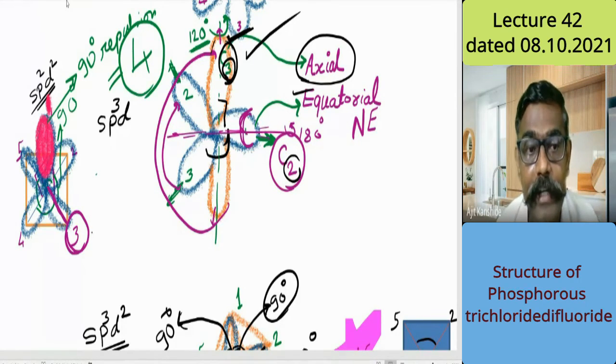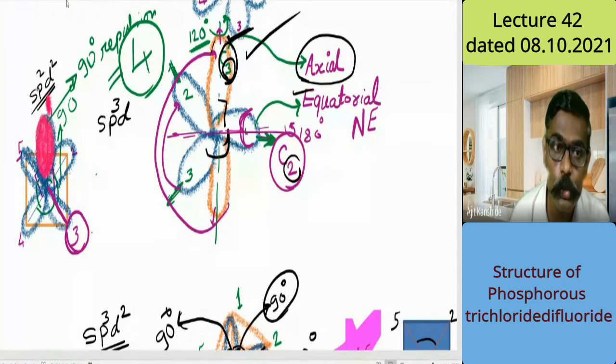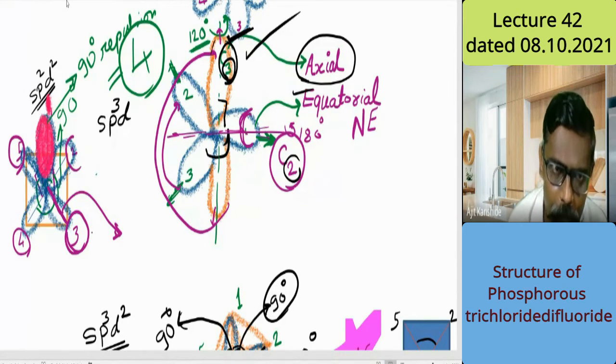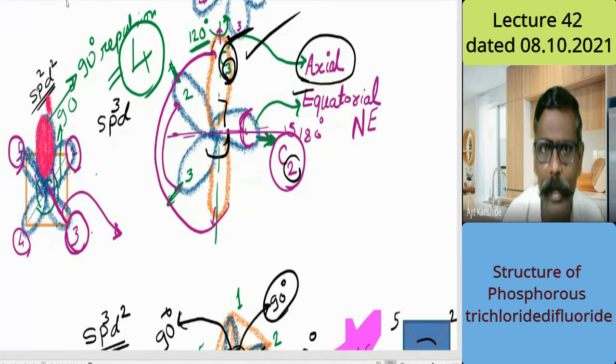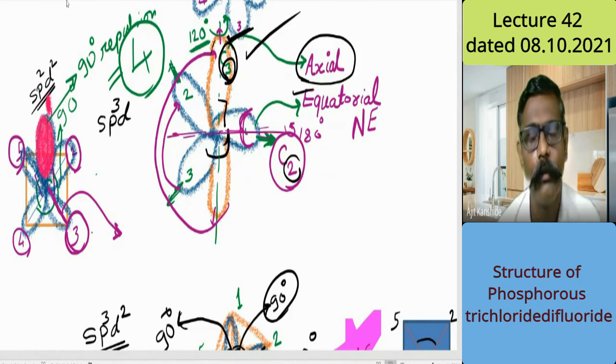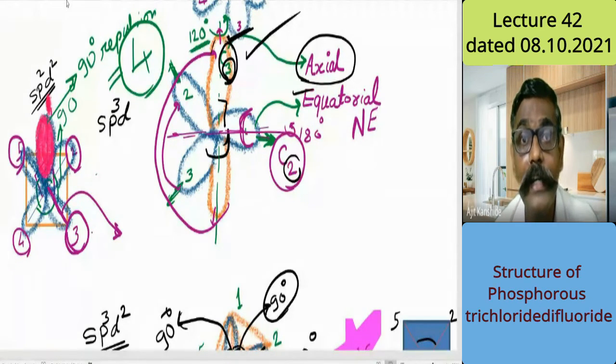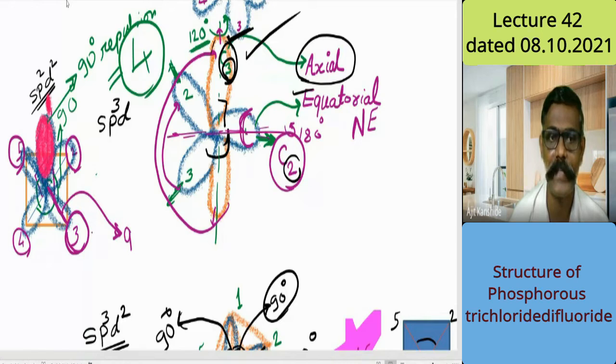It is applicable for position number 4 also, position number 5 also, position number 2 also. But at this moment, think about one of the blades, that is blade number 3, position number 3. How many 90 degree separations are there?